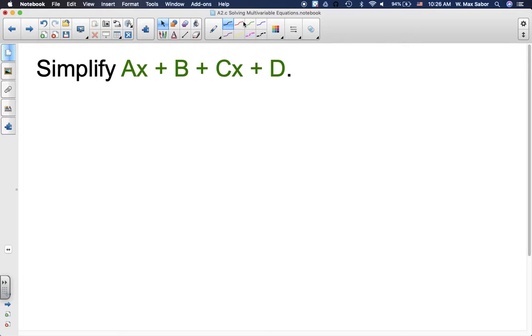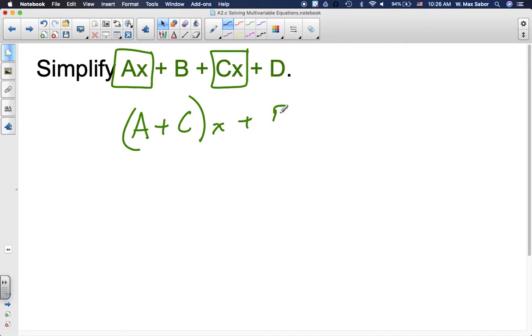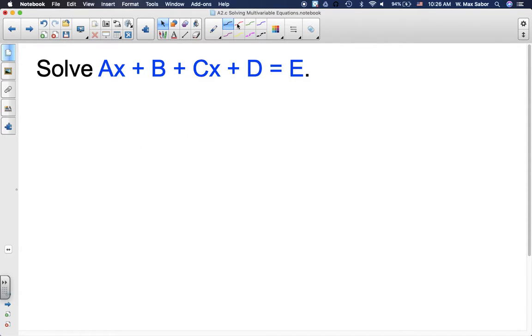Here, the like terms are ax and cx. So we can say that this is a plus c times x, and the other like terms are b and d. If we do the same thing here, a plus c, x plus b plus d equals e.